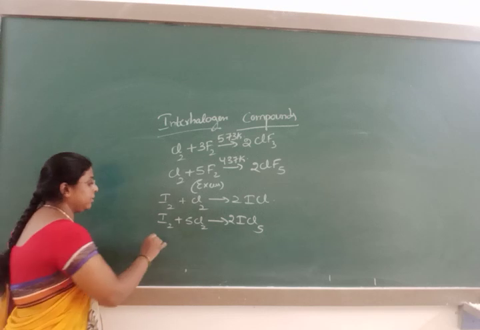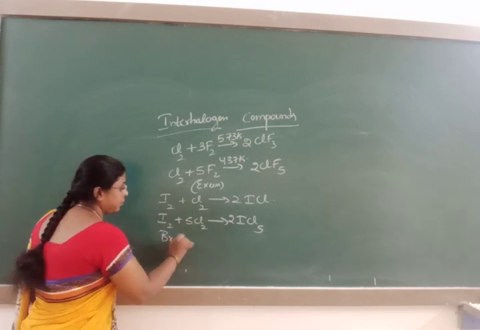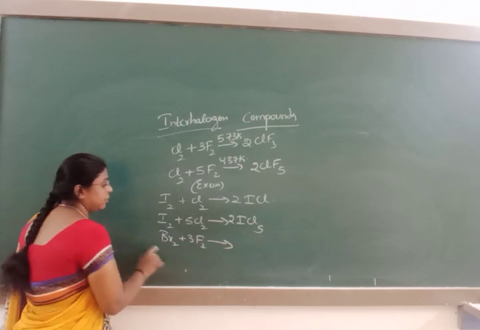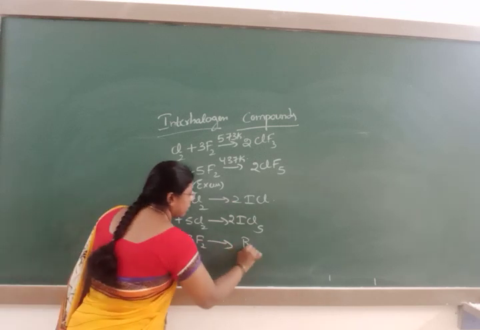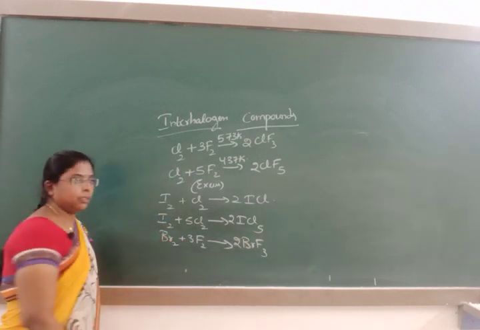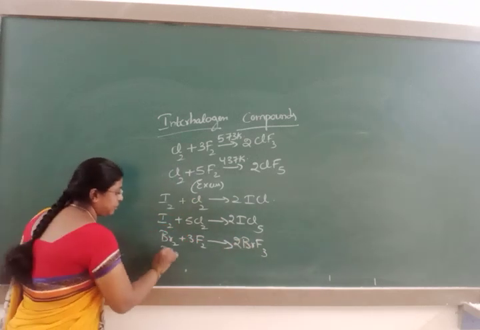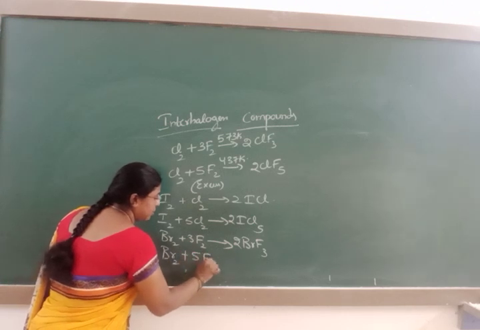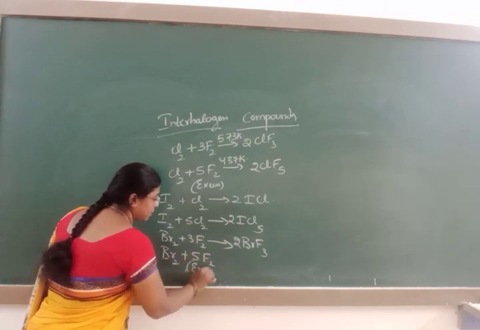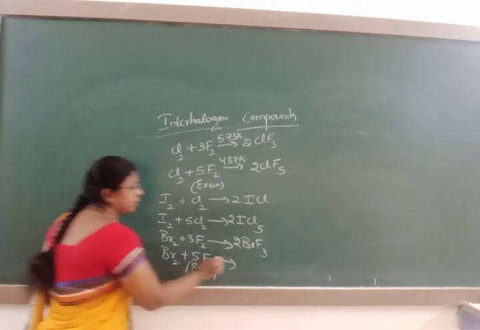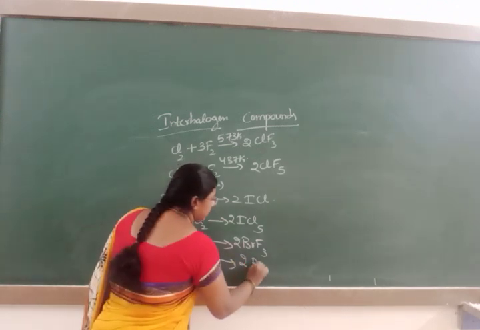Similarly, bromine, if it reacts with 3 molecules of fluorine, you get BrF3. If bromine reacts with excess fluorine, 5 molecules of fluorine, you get BrF5, 2 moles of BrF5.